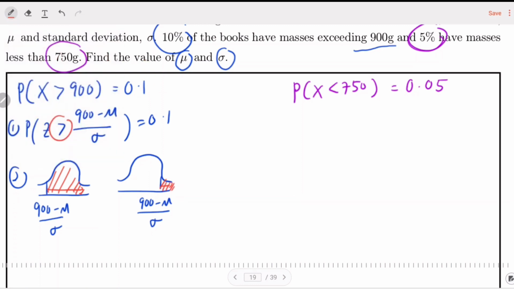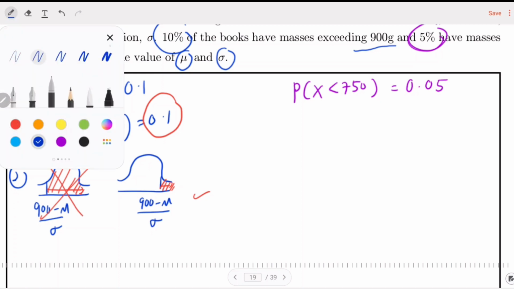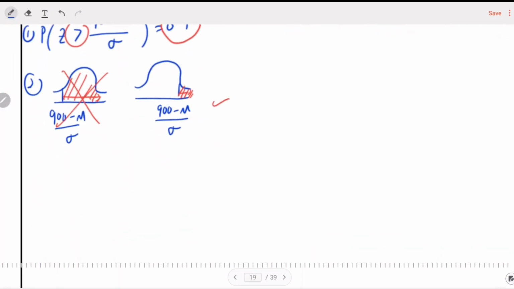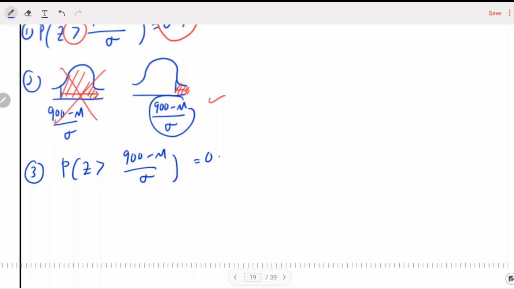And the bell shape that is suitable with 0.1 probability, which is very small, is actually the right one. Next, proceed with the third step, to identify whether we need to put 1 minus or not. But since we didn't shade the middle part of our bell shape, we don't need to put 1 minus. It's just going to be Z greater than this value here, equal to 0.1. We don't need to multiply it with a negative since our Z lies on the positive side.